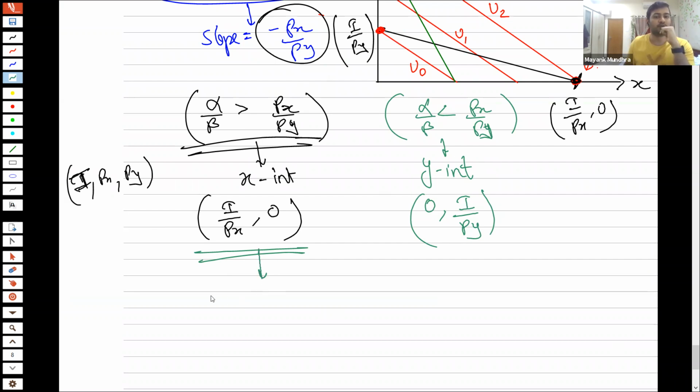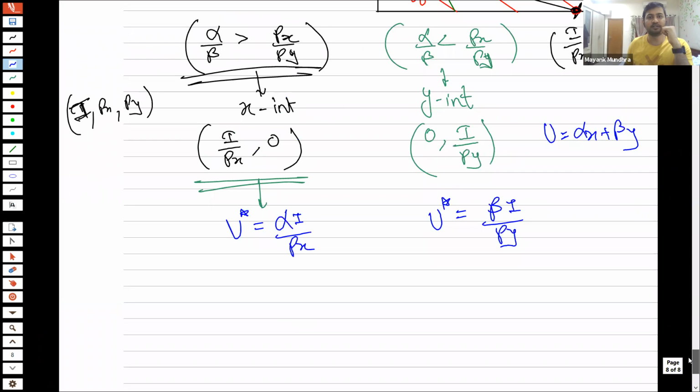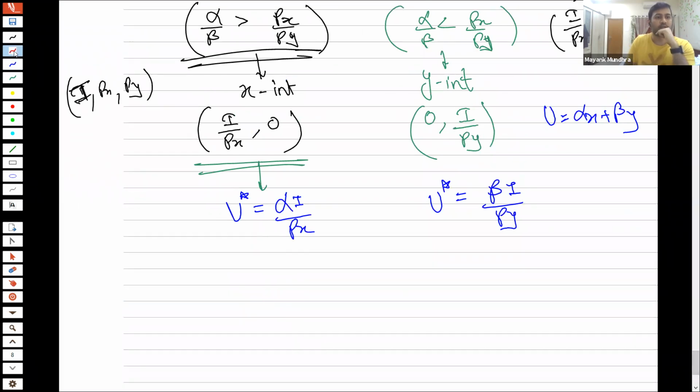So finally, from here, remember utility is alpha x plus beta y. So in this case, utility u star will be equal to alpha I by px, and here utility u star will be beta I by py. So your final result, you can write in this format. Sorry, not x star y star.